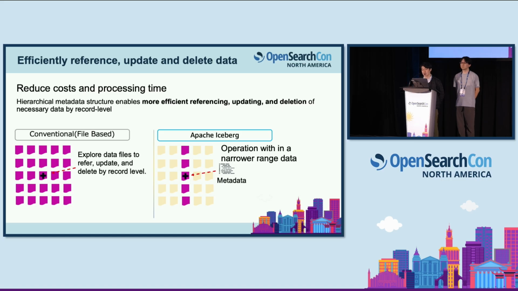On the other hand, Iceberg efficiently finds target records by exploring only a narrow range of data files. This is because a manifest file has metadata and statistics of the table, and that enables efficient narrowing down of the record locations.